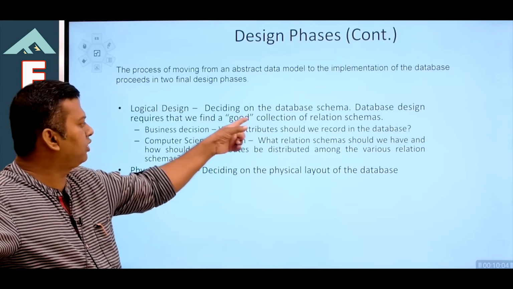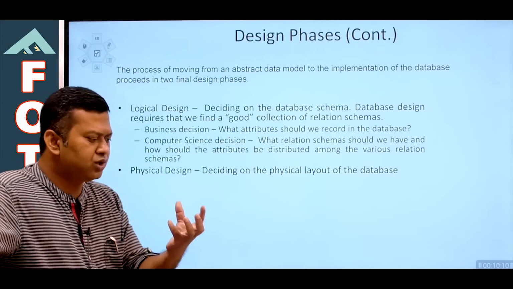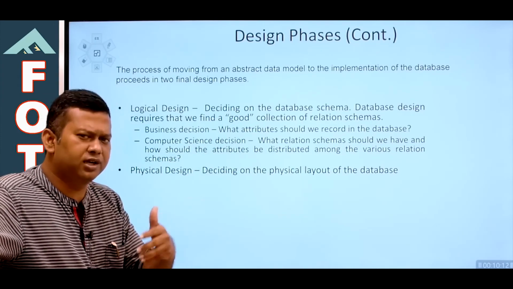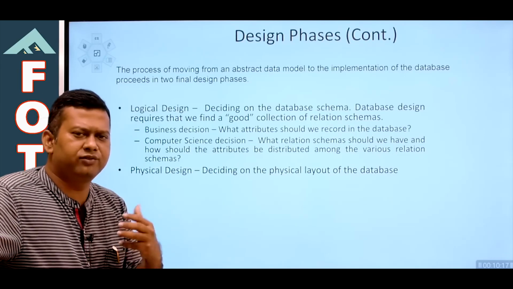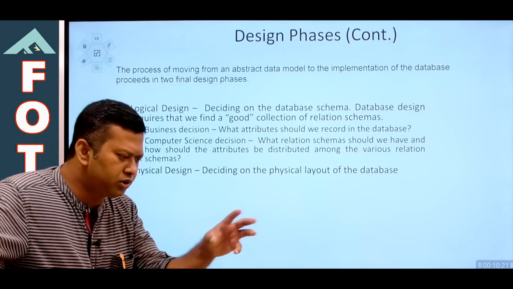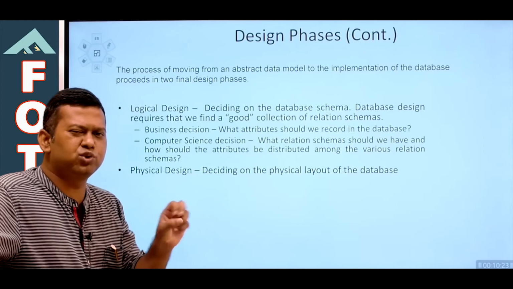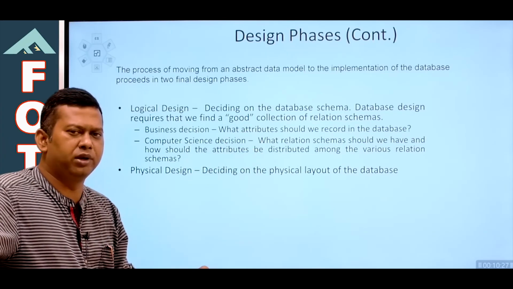Deciding on the database schema requires finding a good collection of schemas. So I collected data from the librarian, from the principal, from the student, from the accountant, all those things. Now I will think, how do I put them together? For example, student information should be kept in a student table.